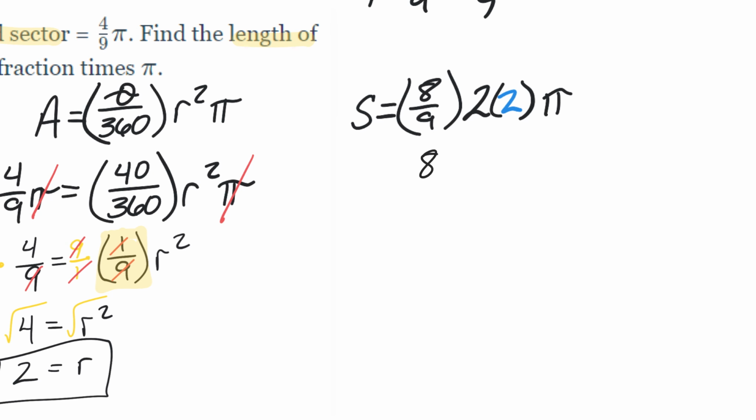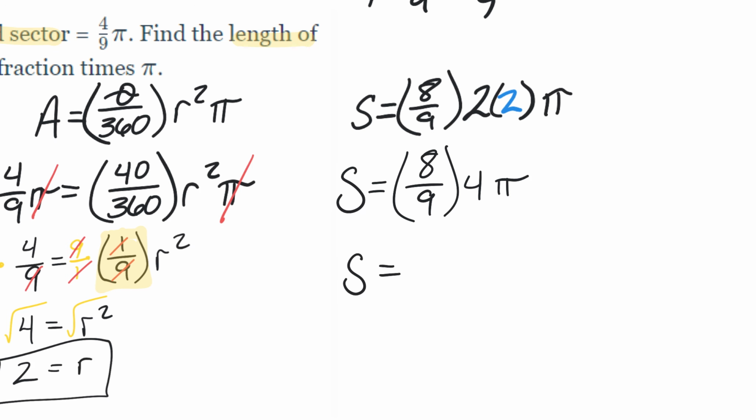So this ends up being 8/9 times 4 times pi. Again, pi is not a variable, but we're going to treat it like one because we were asked to answer in terms of pi. Well, this is 8 times 4, which is 32. 9 times 1 is 9. So our arc length is going to be 32/9 pi.